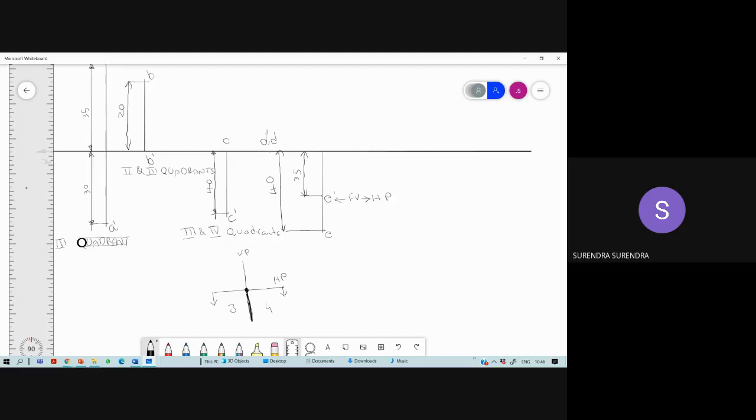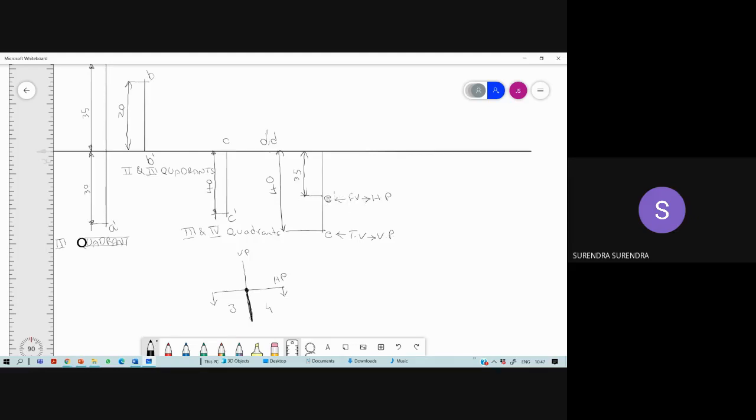And without dash always indicates top view, always relating to the vertical plane condition.